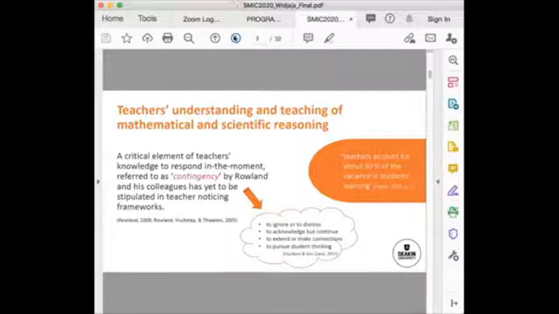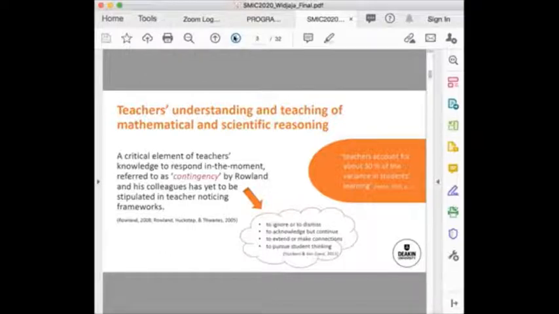According to Rowland, as teachers, we face contingency, and there are various factors that trigger it, but there are also different ways that teachers tend to respond. The first response is to ignore or dismiss it, if we don't know what to do and don't want to respond.